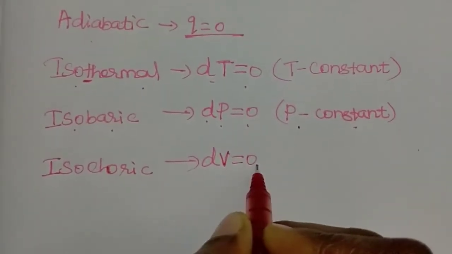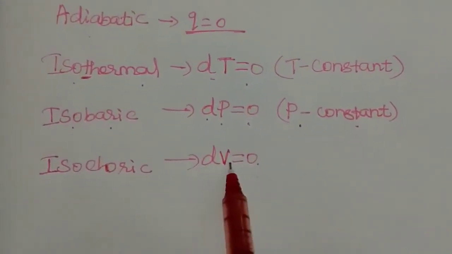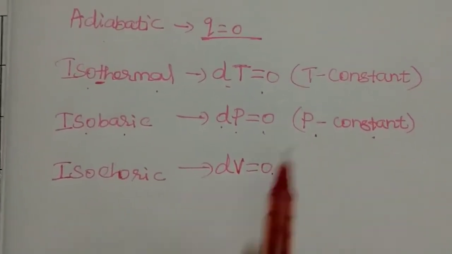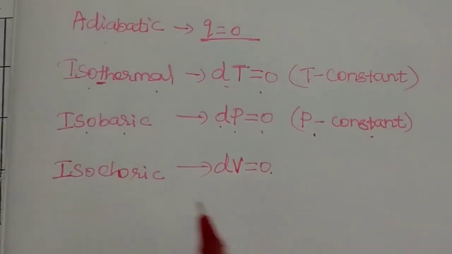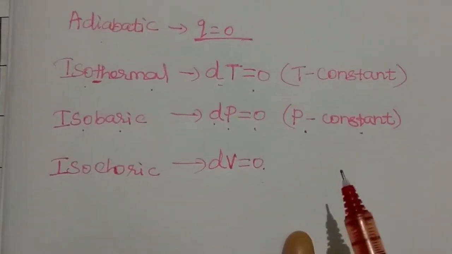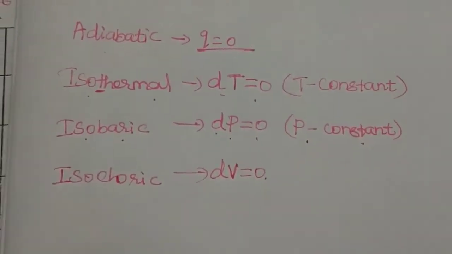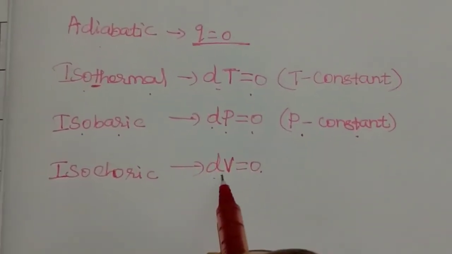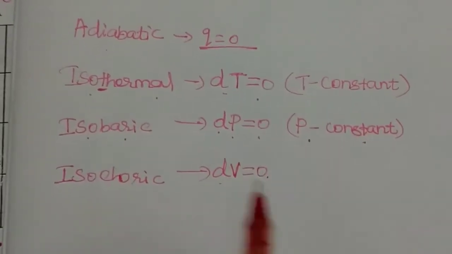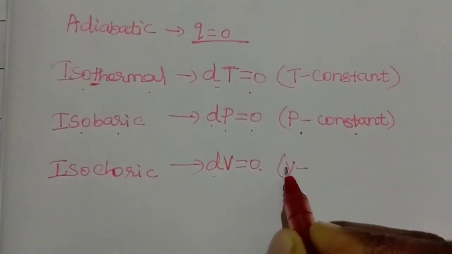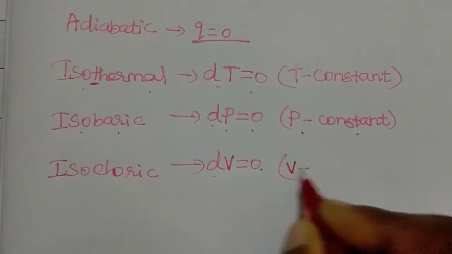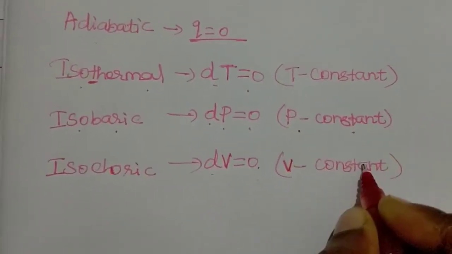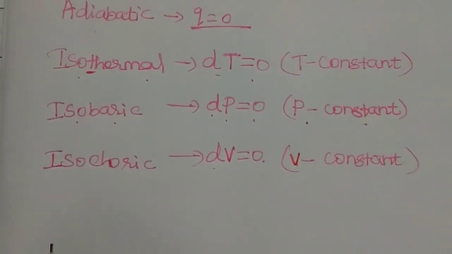That means there is no change from the initial to the final stage of the reaction. So the difference in volume is equal to 0 throughout the reaction. So if the volume of a particular reaction is constant, that reaction is known as an isochoric process.